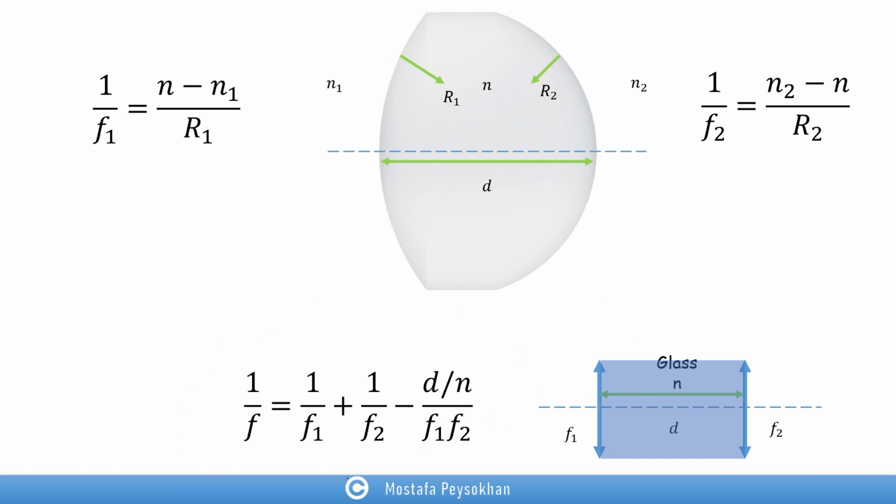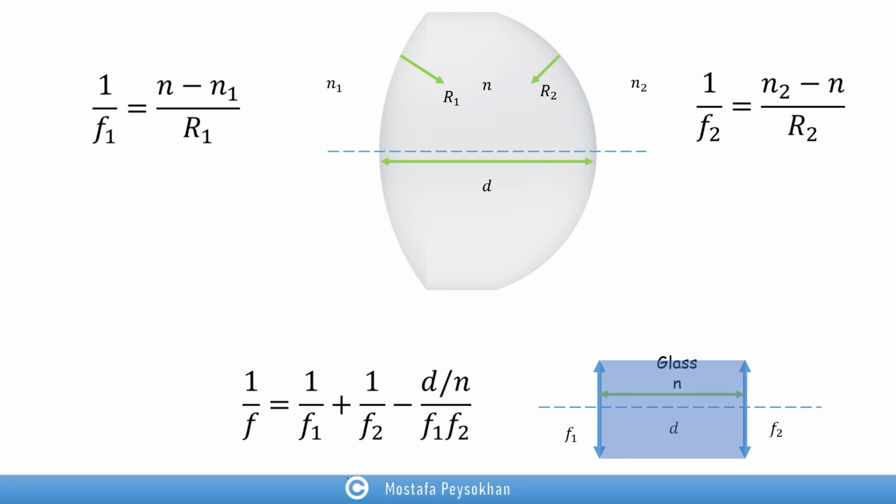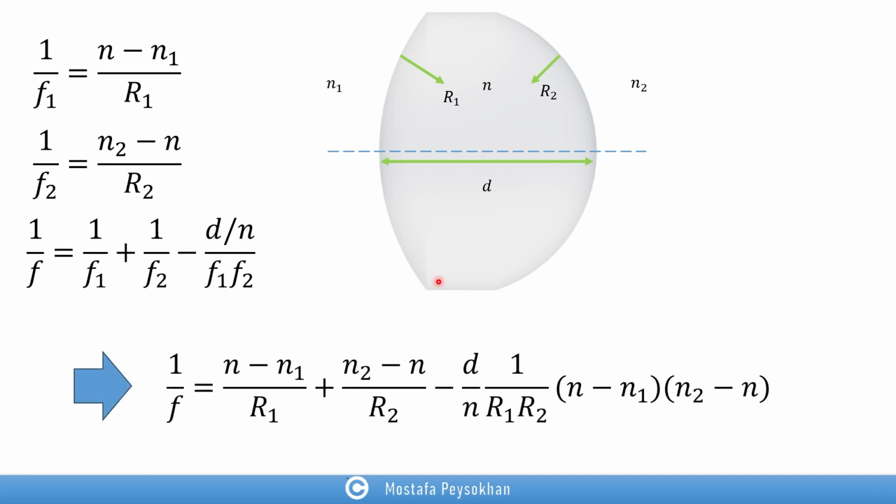So we can combine them using this equation. By combining these two lenses into this equation, we get this somewhat complicated equation, which is (n minus n1) over r1 plus (n2 minus n) over r2 minus (d over n) times (n minus n1)(n2 minus n) over r1 r2.